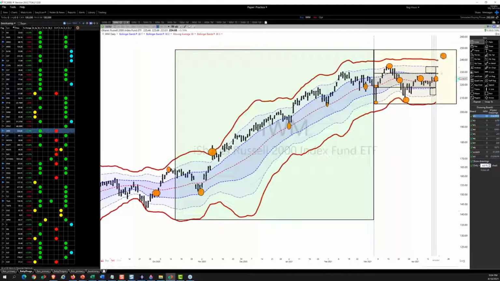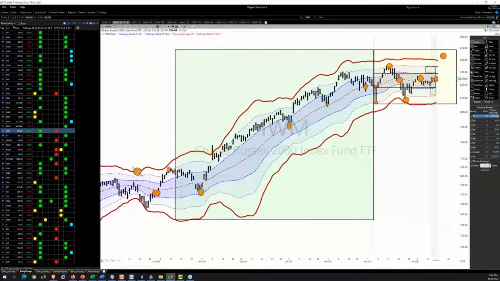If it can get above 240, it will have exceeded the Z3, and that would be a very strong signal, much like this signal back here. When it was able to exceed the Z3, that was good.